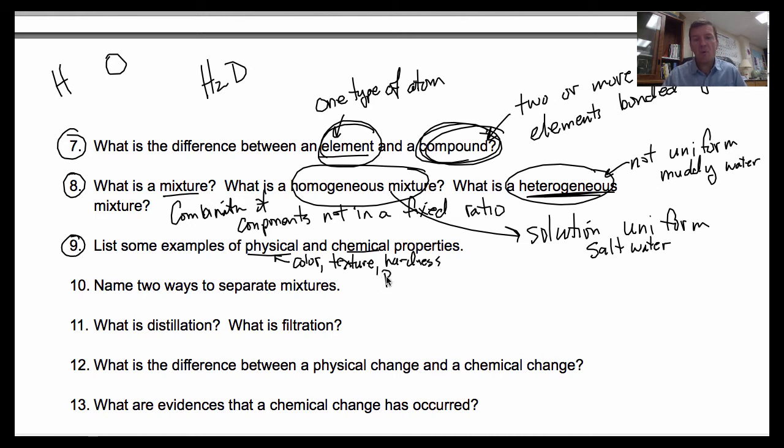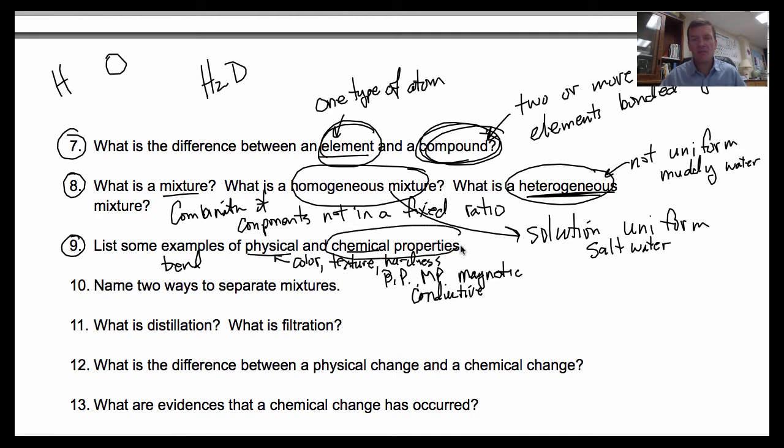You can talk about boiling point, melting point. Is it magnetic? Does it conduct electricity? This may not be an exhaustive list. Can you bend it? Remember we said that's malleability. So those are a bunch of physical properties. When you test these properties, you do not change the substance. It's still the same substance before and after you look at the physical property.